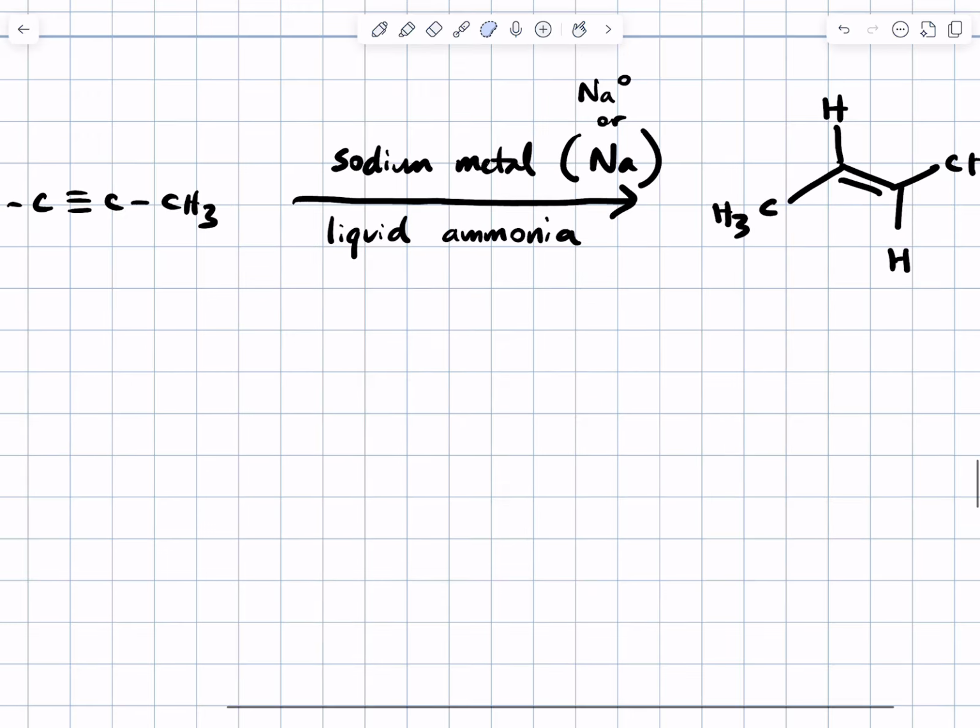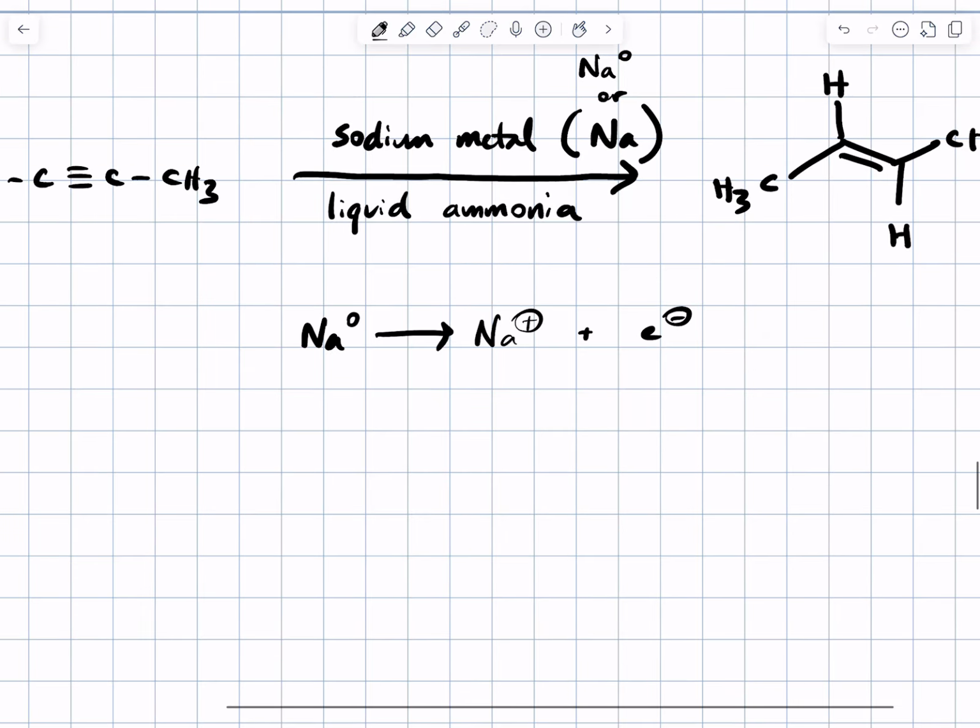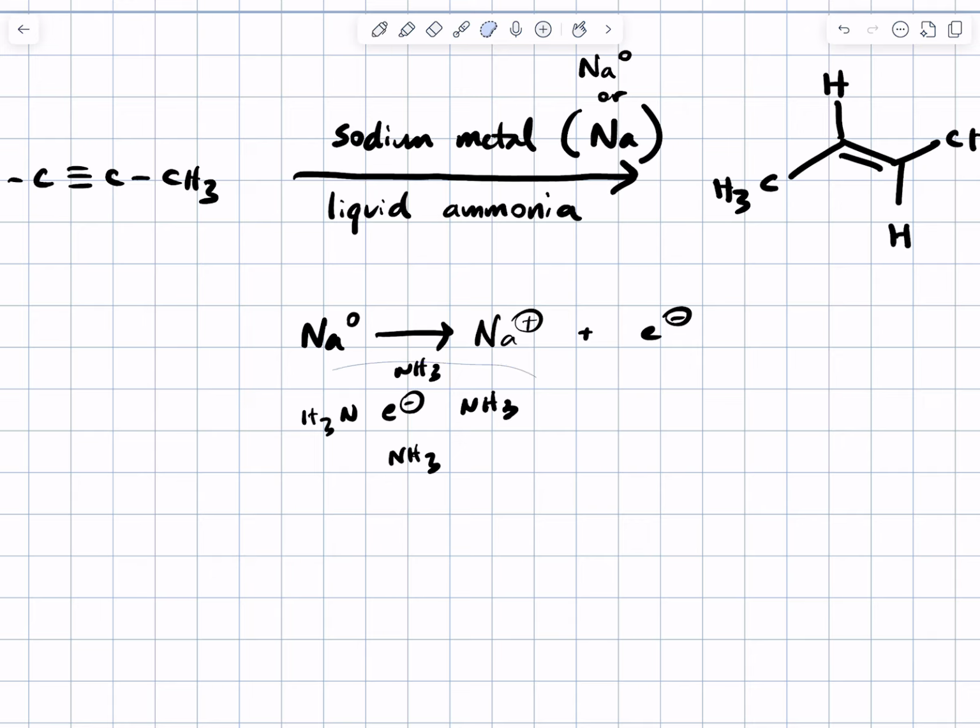Instead, what happens is the sodium metal loses an electron, ejects an electron. Where does that electron go? It turns out that the electron is shared by a cluster of ammonia molecules. You didn't know this could happen, and neither did I before I learned about this reaction.